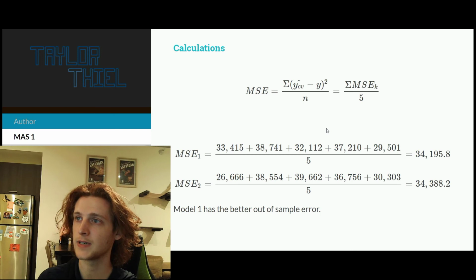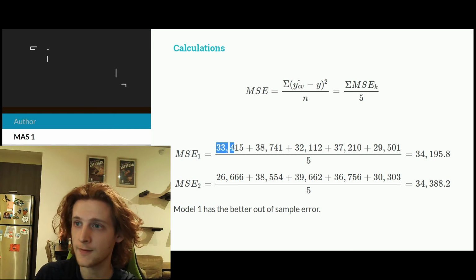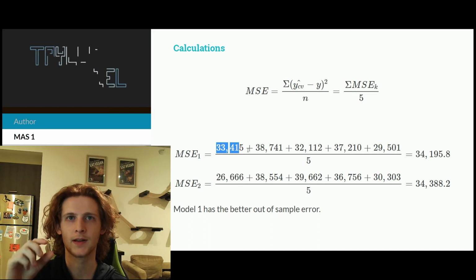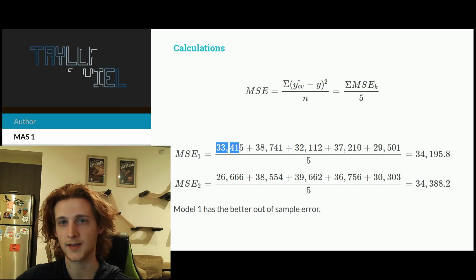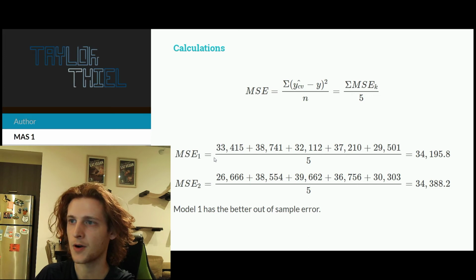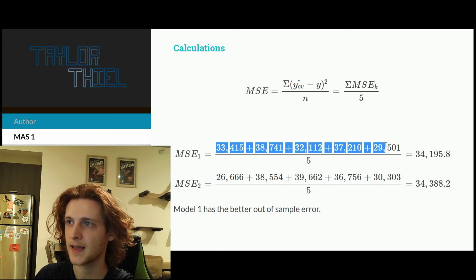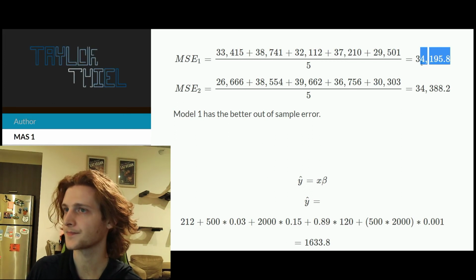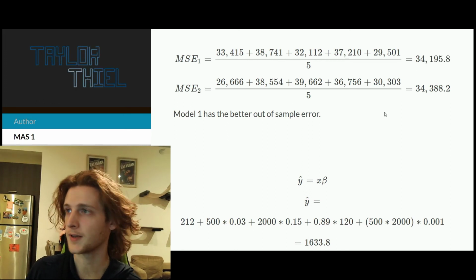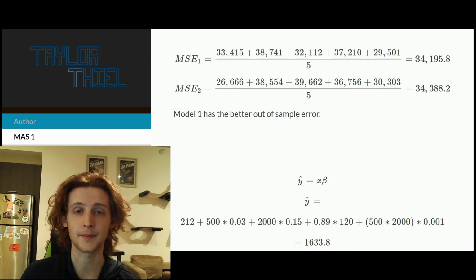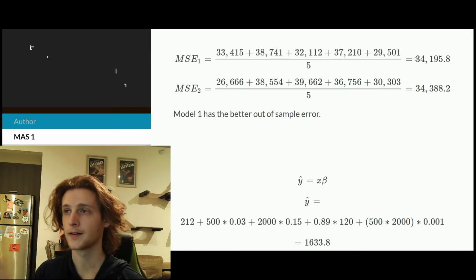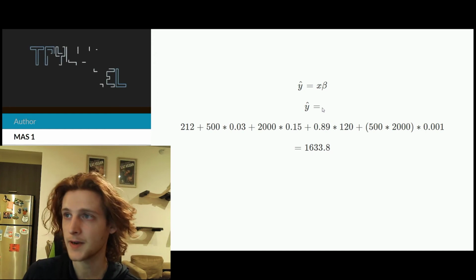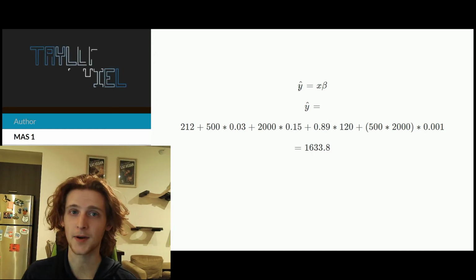All we have to do is calculate the average of those MSEs to get the actual cross-validation error across the entire data set. So all we're doing here is taking those values they gave us to get our cross-validation mean squared errors. So at this point, looking at both of these values, we see that Model 1 has the better error metric. So we know we want to use Model 1.